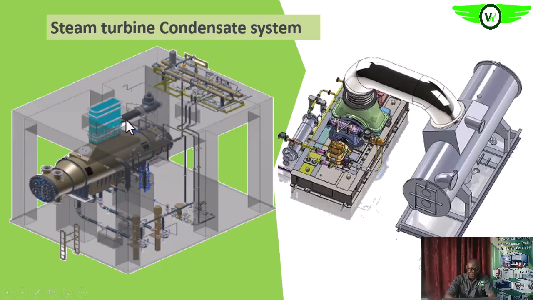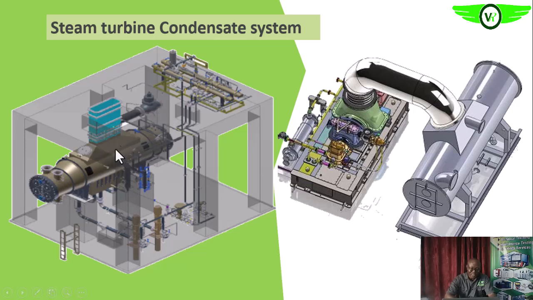You see that it is connected to the intake or input of the condenser, that is the exhaust of the steam turbine. So you have the vacuum breaker here, so that when the vacuum goes below a set limit, the breaker will open to break the vacuum, to ensure that the vacuum does not go below that limit.